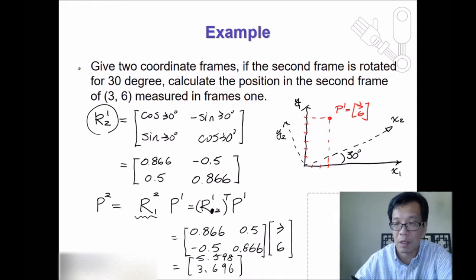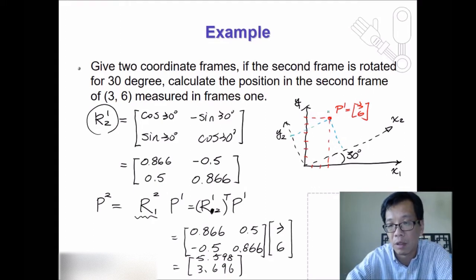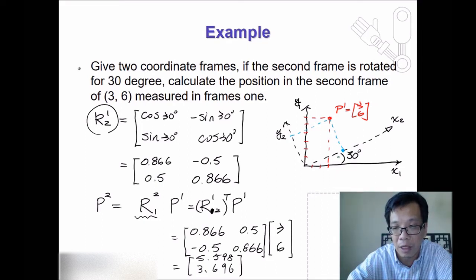If you project this one onto the x2 and y2 coordinates, this one over here is going to be 5.598 and this one over here is going to be 3.696.